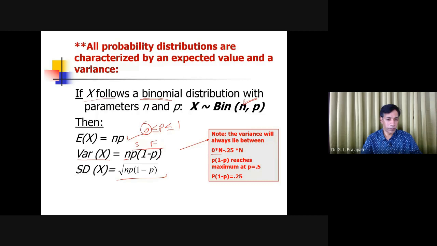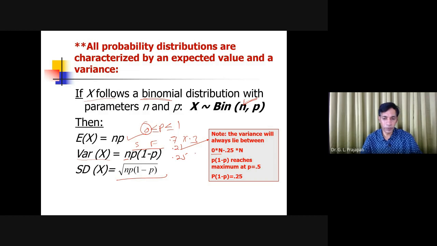If one is more and the other is less, say for example the success is 0.7 and then 0.3, then this is 0.21. But if the probability of success is 0.5, the probability of failure will also be 0.5, and you get 0.25.